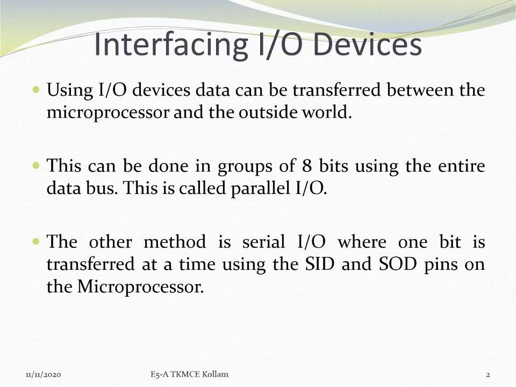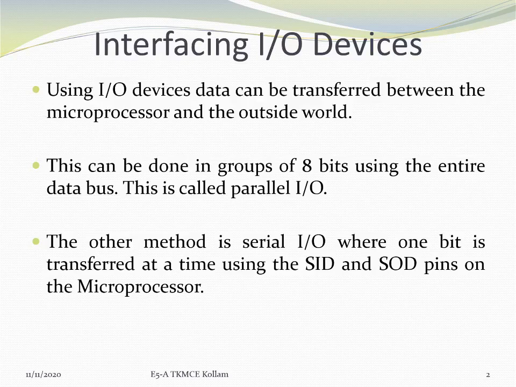Next method is serial I/O data transfer. Here, one bit is transferred at a time. In 8085, we have two pins, namely serial input data SID pin, and in order to output data from microprocessor, we have another pin, that is SOD pin, serial out data.